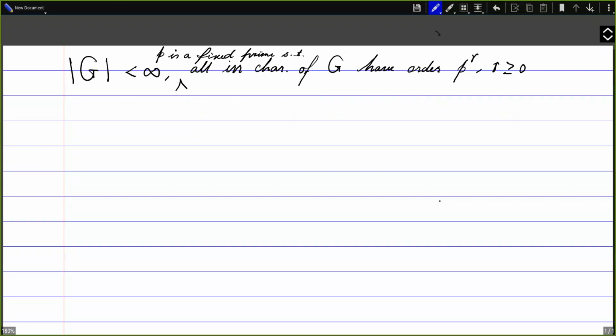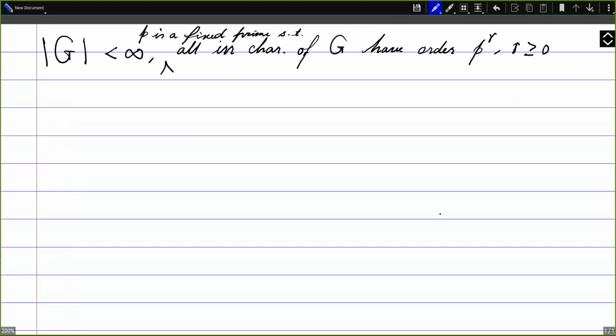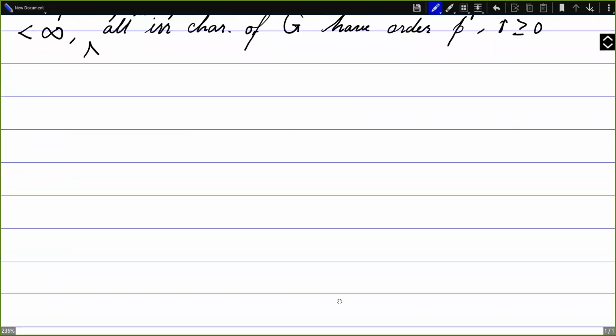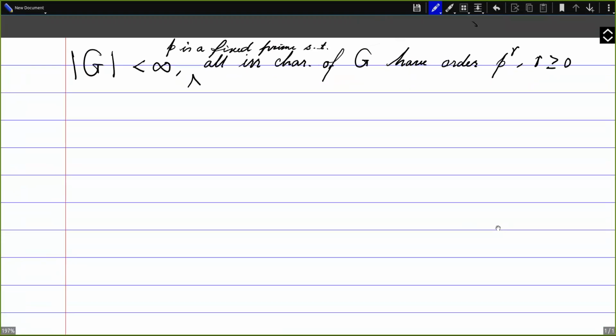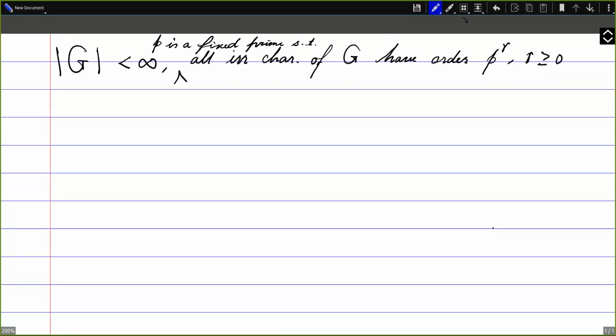So we start with the finite group G. Let p be a prime such that all irreducible characters of G have order p to the power r.